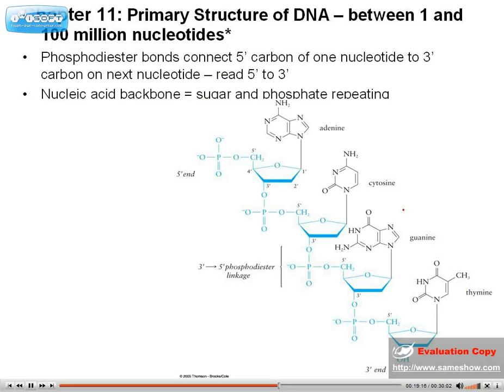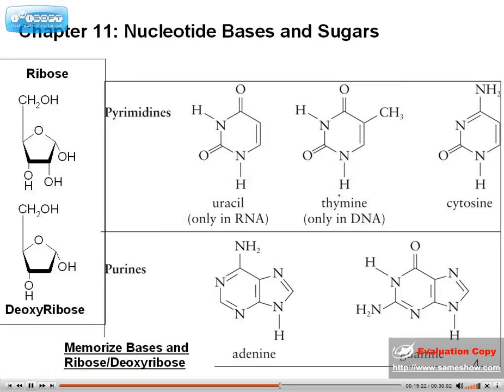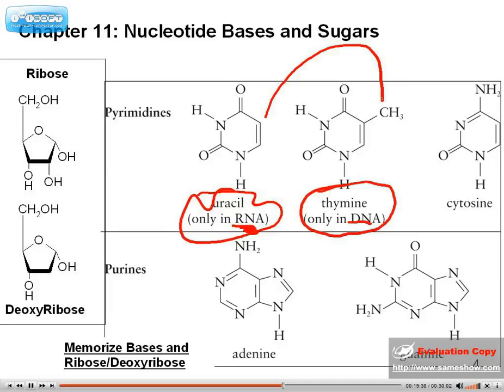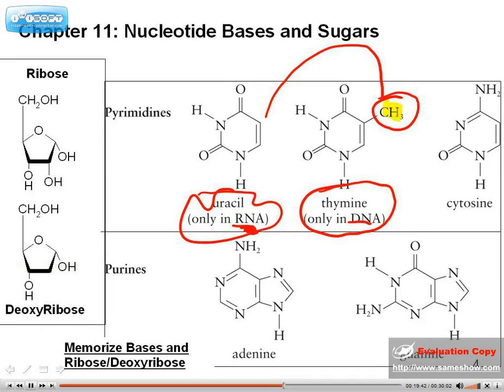Let's take a look at this thymine really quick. If we go back a couple slides, this is thymine, only in DNA. This is uracil. Uracil is only found in RNA. Notice the big differences between the two molecules. The only big difference is this methyl group right here. So this is called the methyl cap.